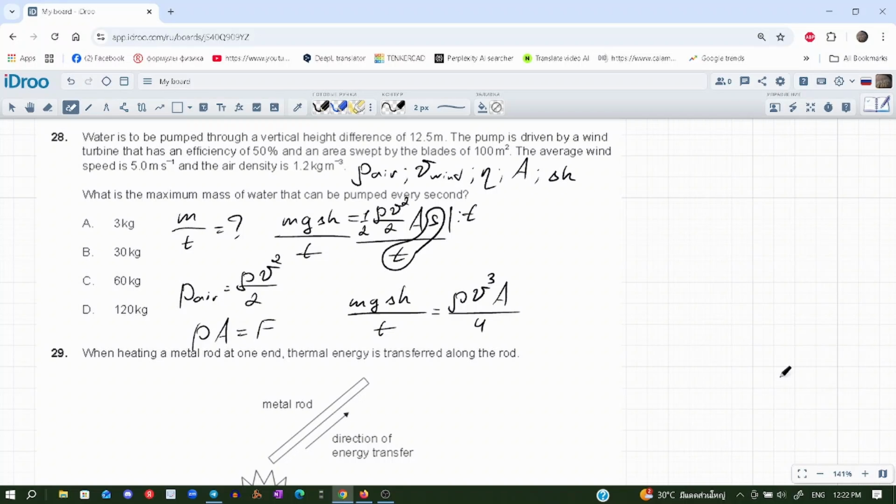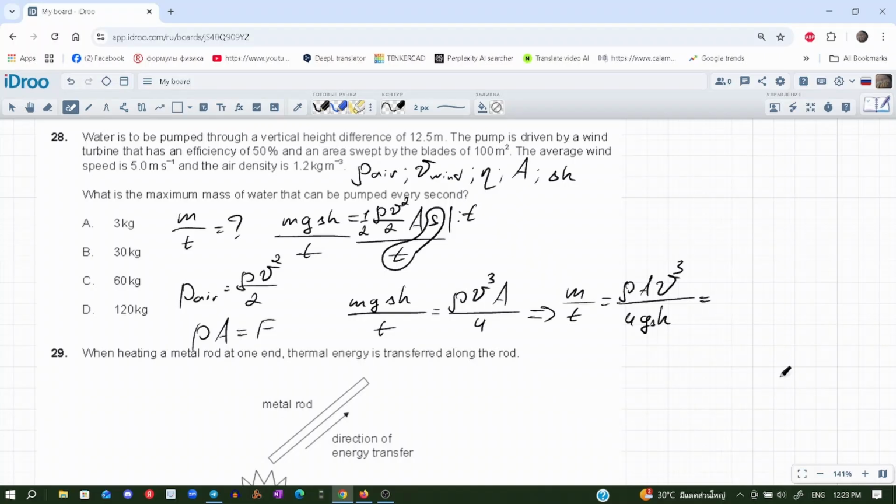I think yes. So from here, m over t equals density times area times speed cubed over 4g delta h.